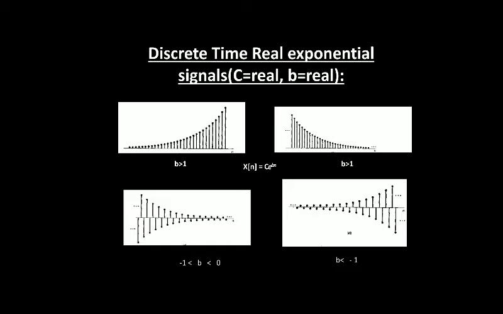When the value of b is greater than 1, we get the right one, and when the value of b is between 0 and -1, we get a picture like the bottom portion of the left side, and the right side picture is when b is less than -1.